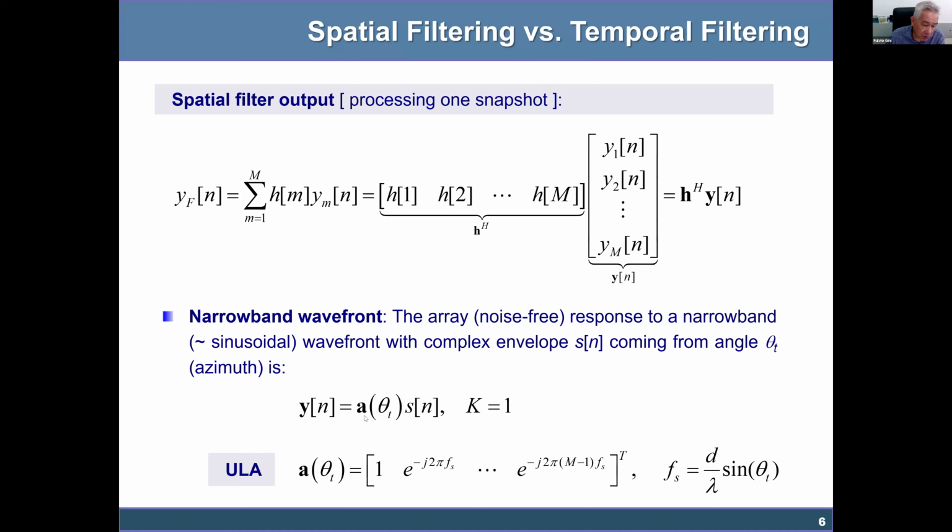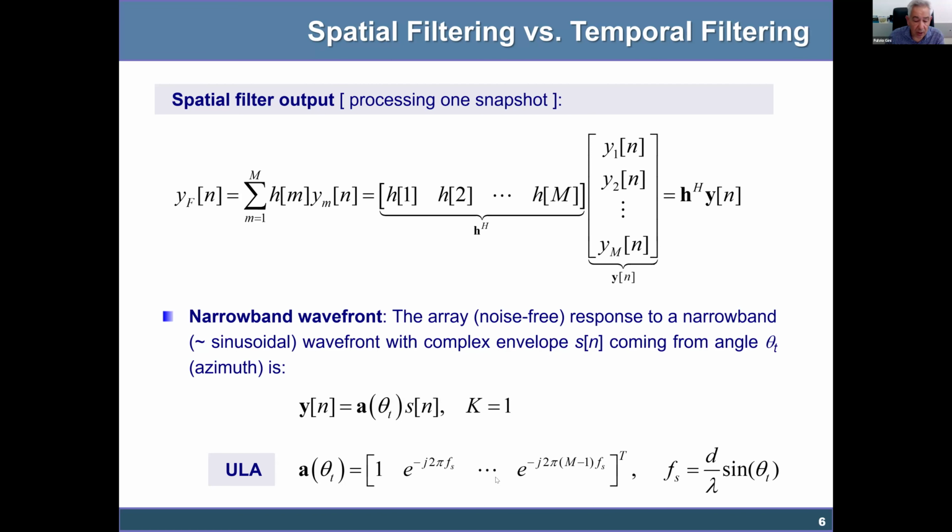Let's assume for the time being that the array is a ULA. In general, A depends on the geometry. But let's assume, to start with the simplest possible case, that the array is a uniform linear array. In that case, we have already calculated that the array response is given by this expression here, okay?